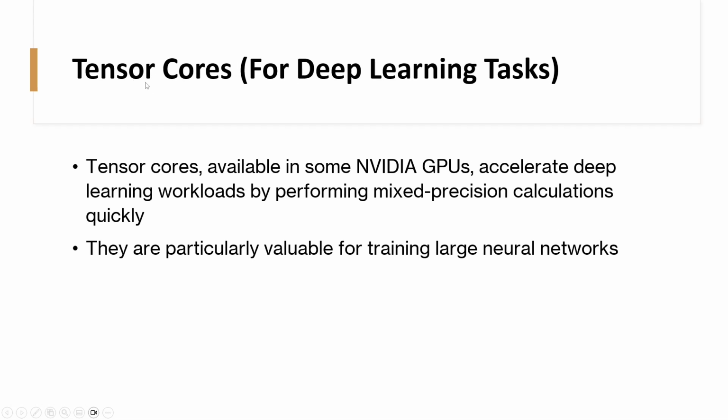And then there's also this newer idea of tensor cores, which are specifically for deep learning. I think actually Google was the first to experiment with this. But anyway, tensor cores are available in some NVIDIA GPUs, typically on some of the newer models. I'm not 100% sure, but I want to say it started with the Tesla T4.